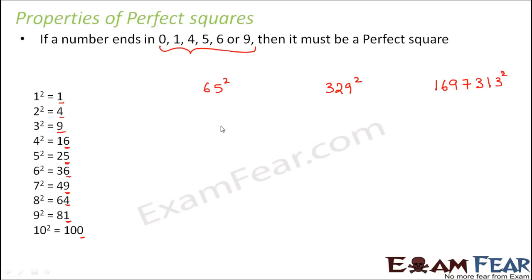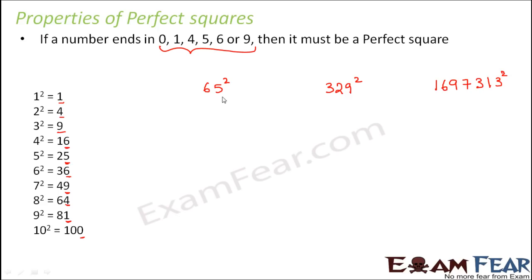When you square this number, the result that you get is a perfect square, because that result can be obtained by multiplying a number by itself. You are multiplying 65 by itself to get that number. So the square of 65 is a perfect square. But how do we know what is that digit where the square of 65 ends?